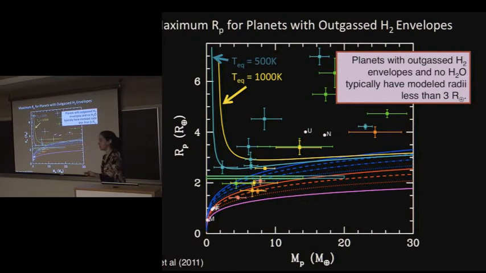I have looked at this in my recent paper with Peter Bodenheimer and Jeffrey Sauer, and yes, some of these very low mass, low density planets have envelope loss timescales of a megayear or less.